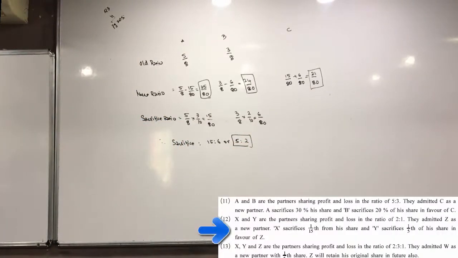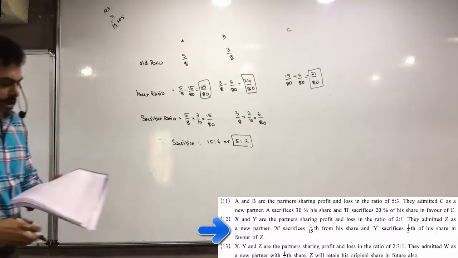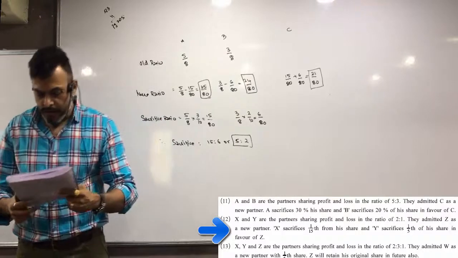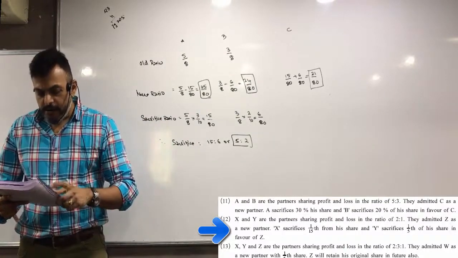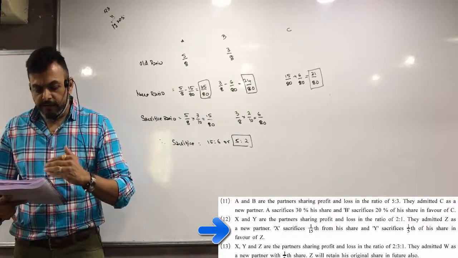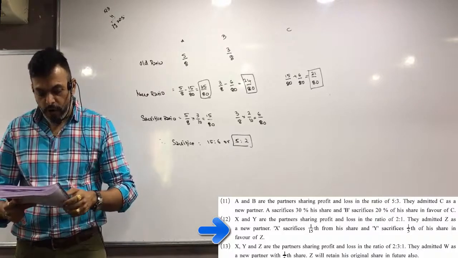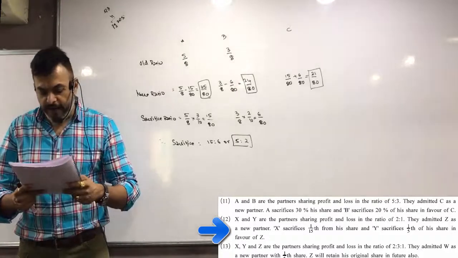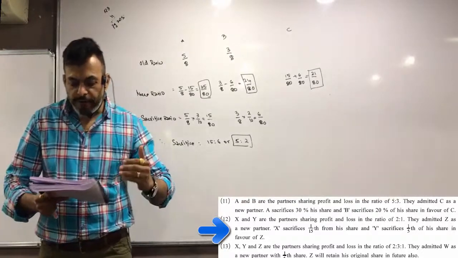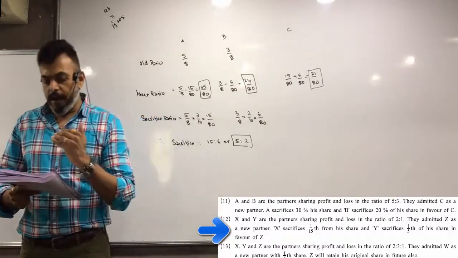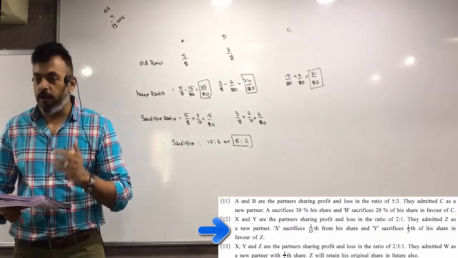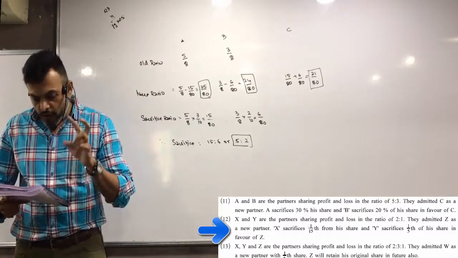12th sum. X and Y are partners sharing profit and loss in the ratio of 2 is to 1. They admitted Z as a new partner. X sacrificed 1/15 from his share and Y sacrificed 1/5 of his share in favor of Z. You understood the difference?